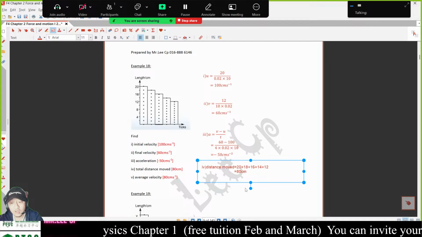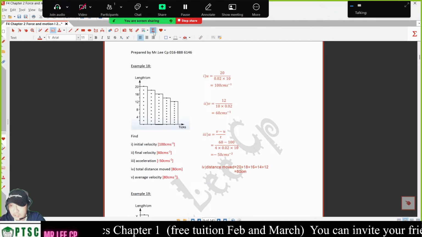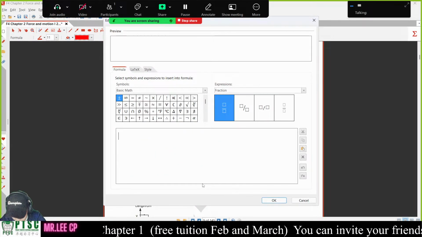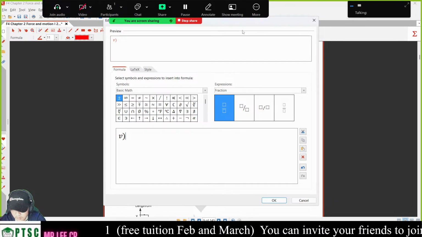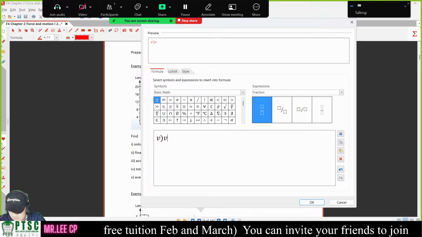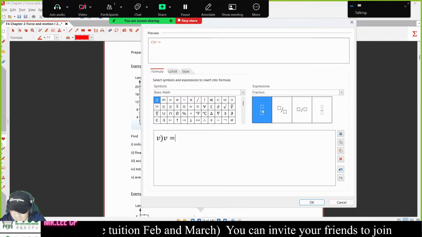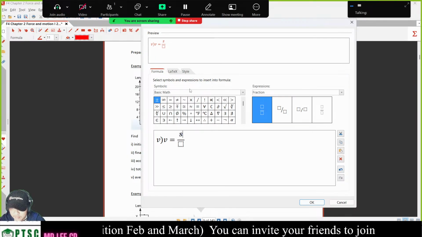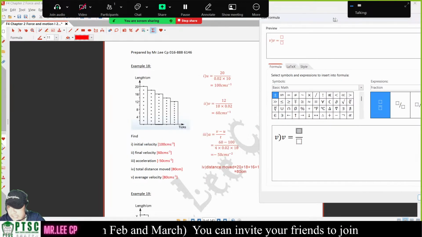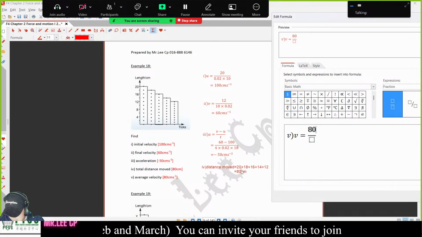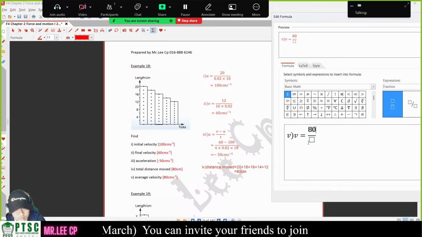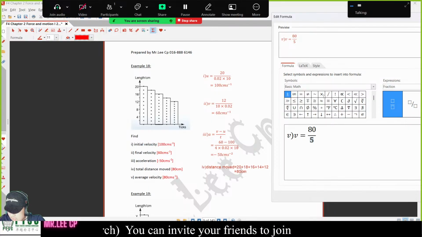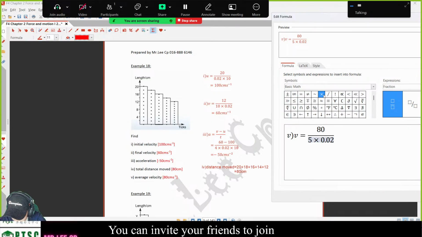So how do we calculate the average velocity? Velocity is distance or displacement over the time. Displacement is 80 over the time, 1, 2, 3, 4, 5, you don't need to minus, so 5 times 0.02 times 10.